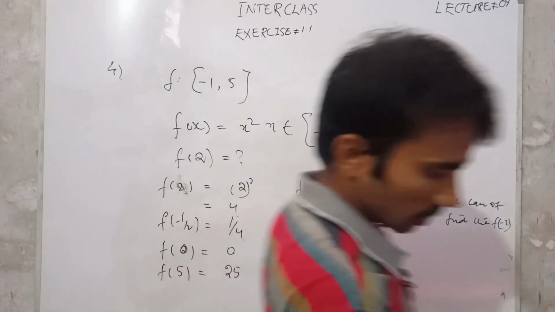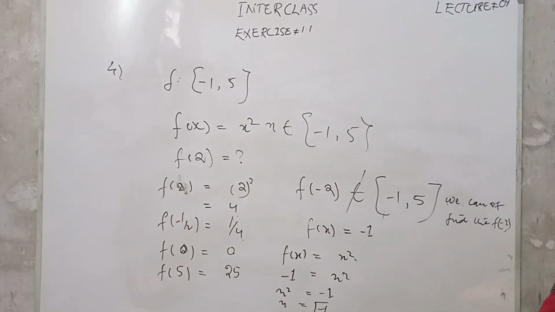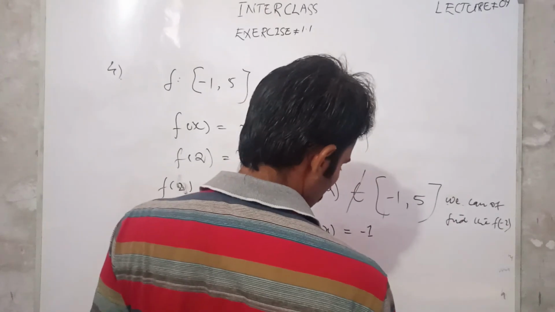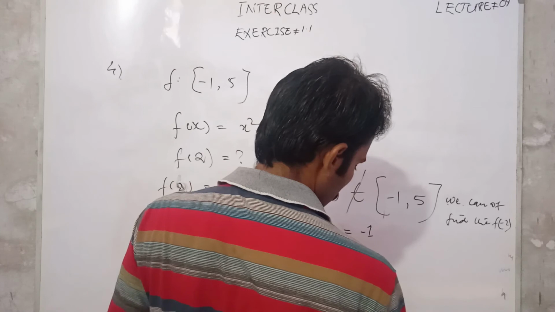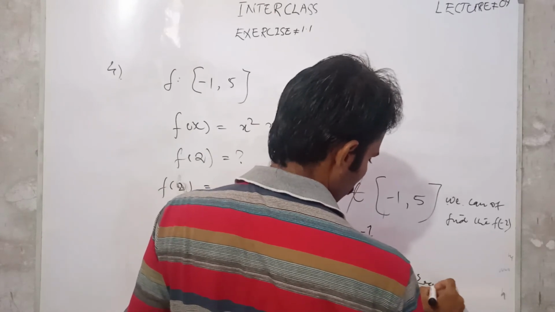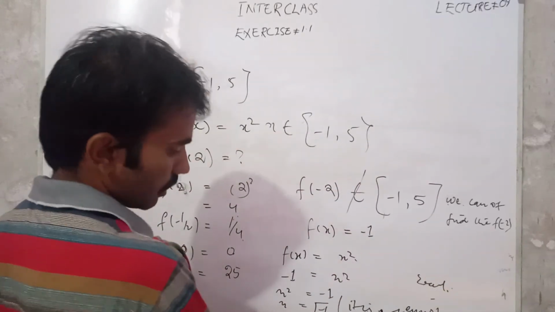So the question asks whether there exists a real number x such that f of x is -1, and it does not exist as a real number. Why?